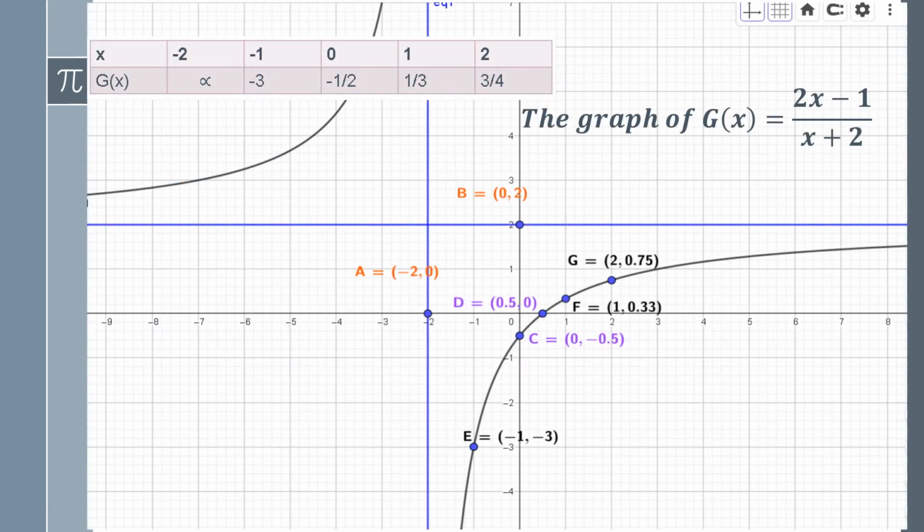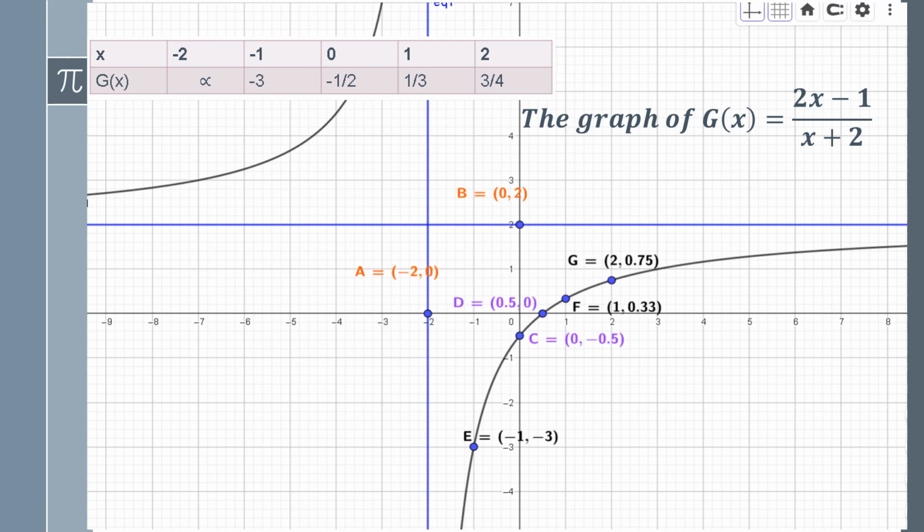Okay, plot natin yung values ng x at saka ng g of x or y. So, i-observe nyo na lang yung graph kung saan nakaplot yung x and y coordinates. As you observe, meron tayong y coordinates na fraction like 3/4 and 1/3.